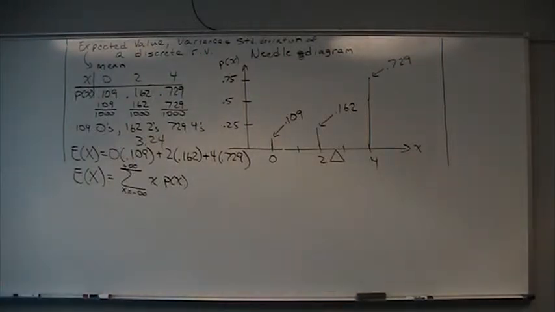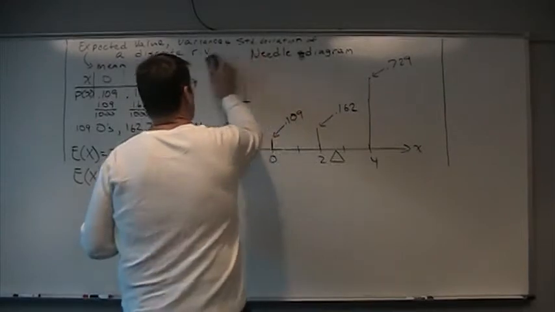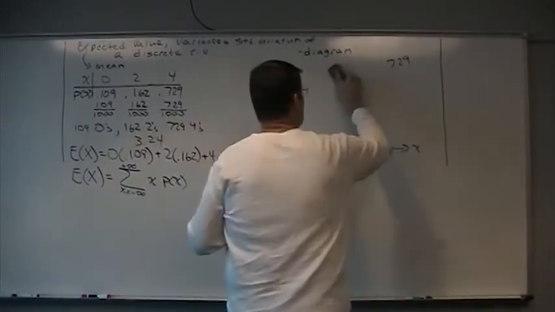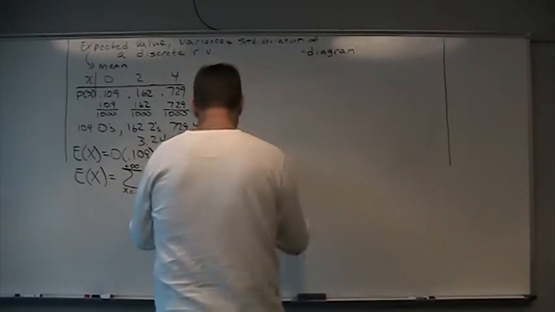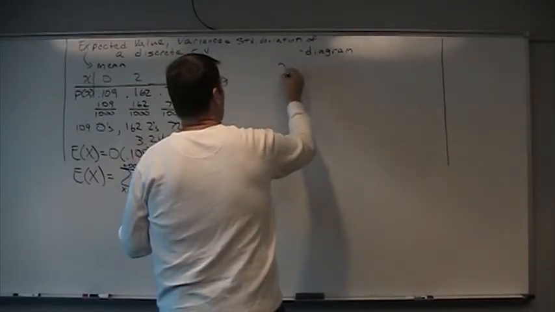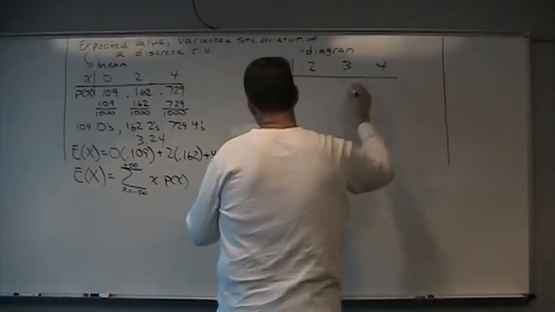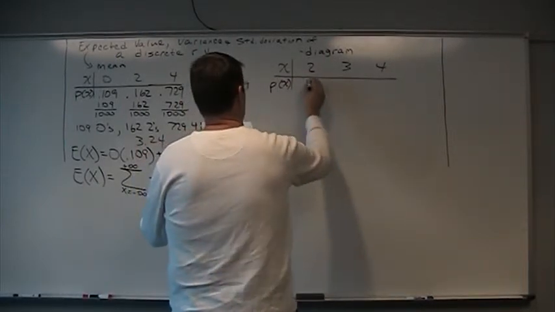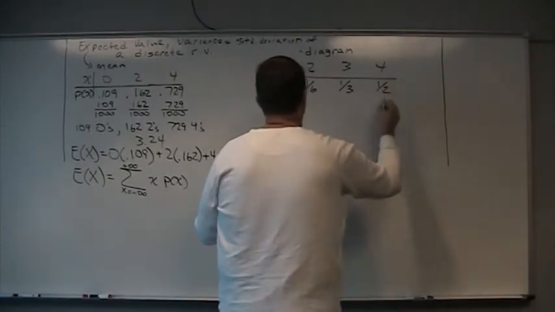Okay. Similarly, if we go back to the number of trials, the number of things we had to test when we looked back at problem 3.3. Our table here, we had x, 2, 3, 4, p of x equals 1/6, 1/3, and 1/2.